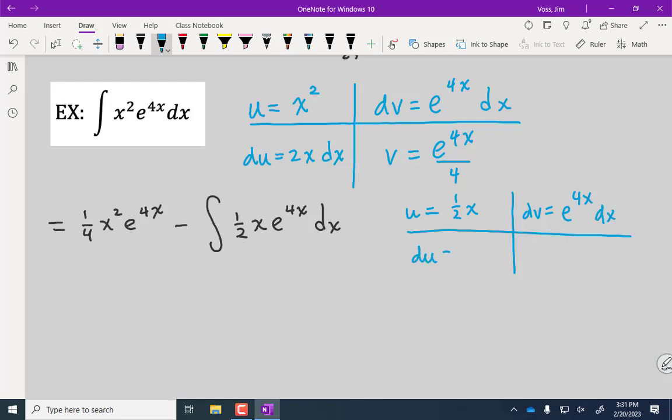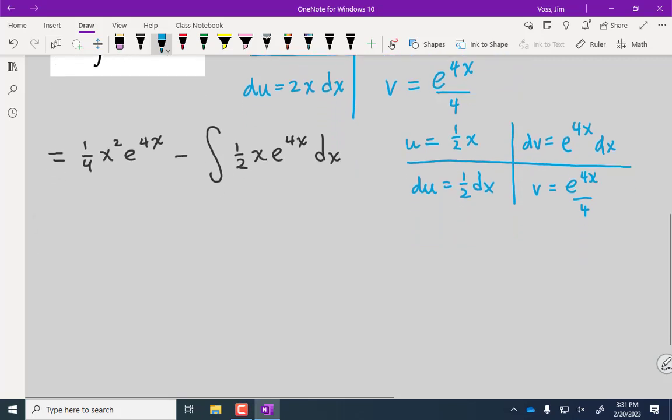And then du will be 1/2 dx. And v will be e to the 4x over 4. And that should be enough to give us something integrable in our subsequent integral. All right, so uv, main diagonal right there. So 1/8, and there's a leading minus. So we have minus 1/8 x e to the 4x.